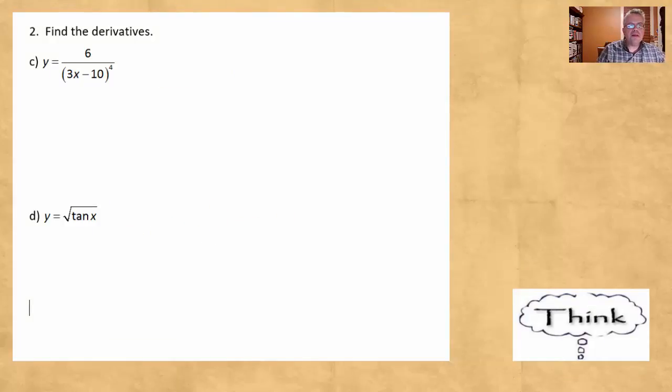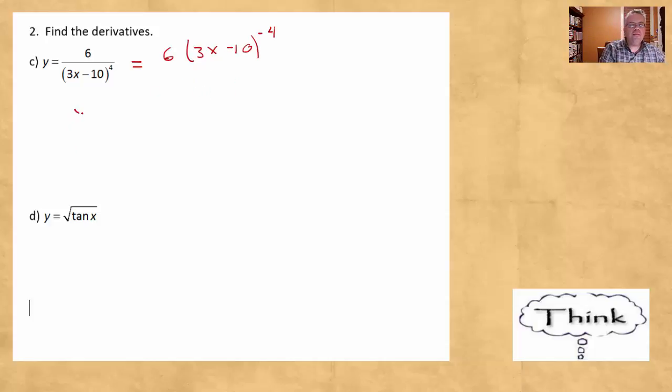Okay, now sometimes we have to rewrite the function if we want to use the power rule. So I have to write this as something raised to a power. So I'm going to rewrite this as 6 times 3x minus 10 to the negative 4th. So this is in the form now that I can apply the rule.